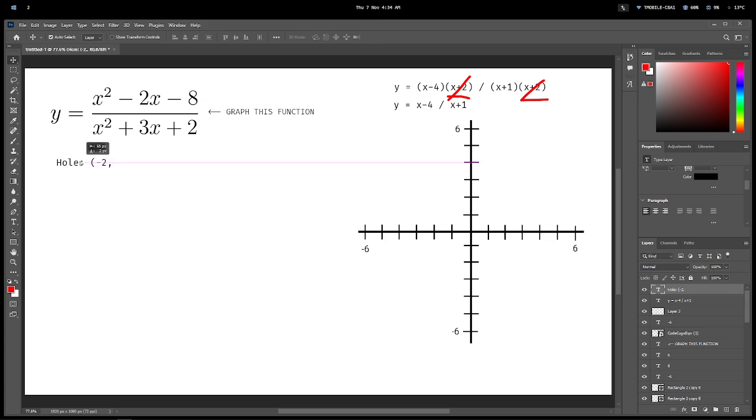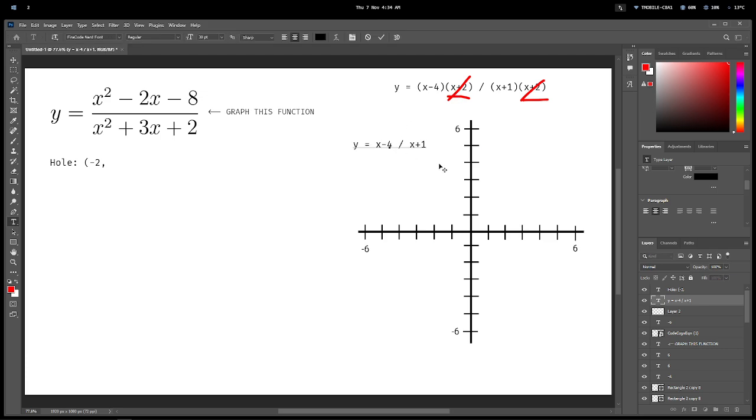To find the y part, we put this x into x right here. So it becomes -2 minus 4 over -2 plus 1. It simplifies into -6 over -1, and simplifies even more into just 6. So we just got our coordinate for our hole.